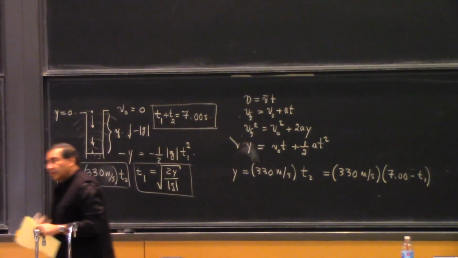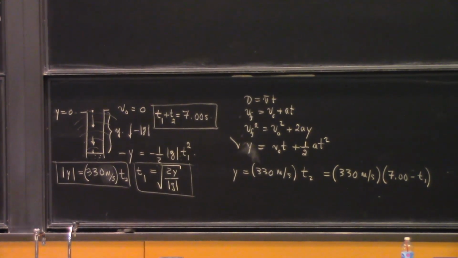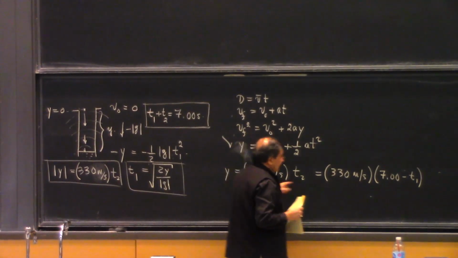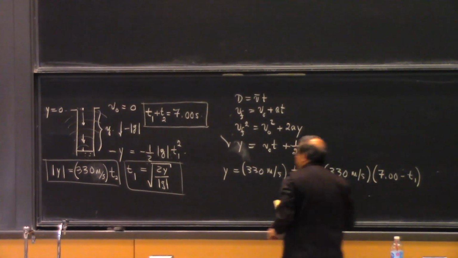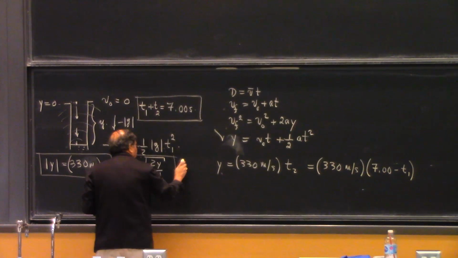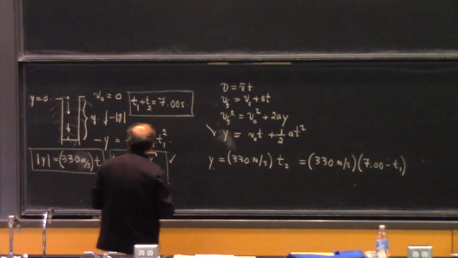Because now I'm incorporating that relation that I haven't used yet into my equation, and that gives me the advantage of having y written in terms of t1 in two different ways. So here y is written in terms of t1, and here also I have y written in terms of t1. So I should be able to do a few things.